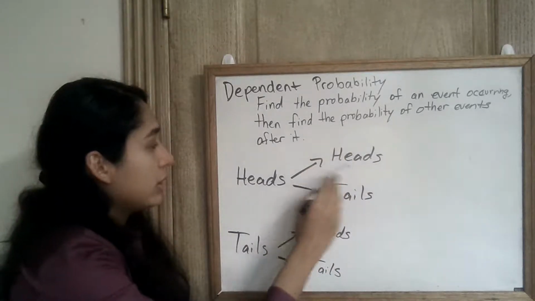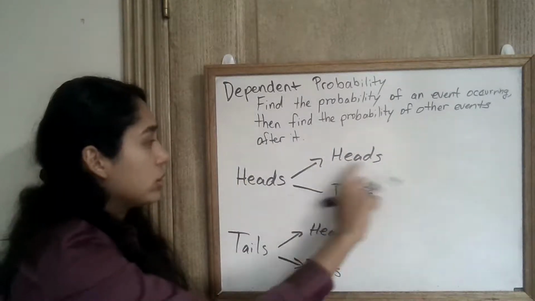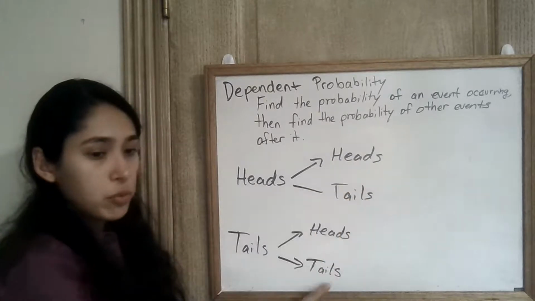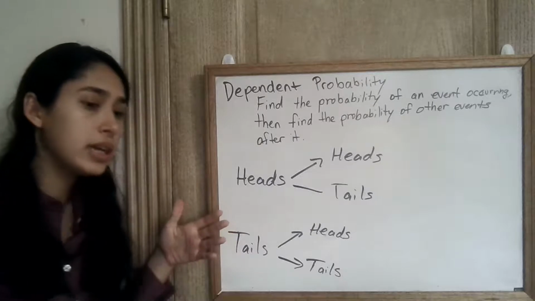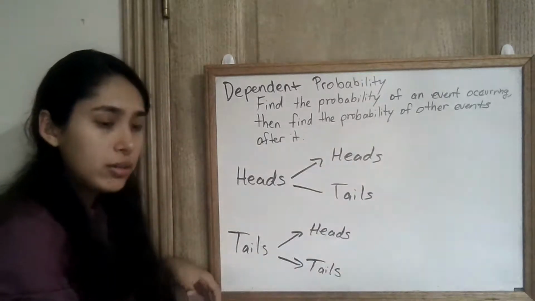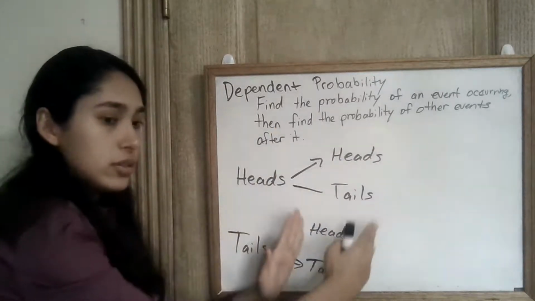Before, I basically said it's going to be 1 out of 4 because I circled and saw heads and heads only occurs in 1 in 4 possibilities. And I did that very visually. But let's say that I don't have the time to draw this tree out. I can just multiply the probability of each instance together.